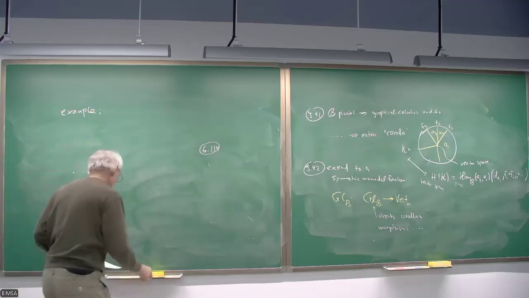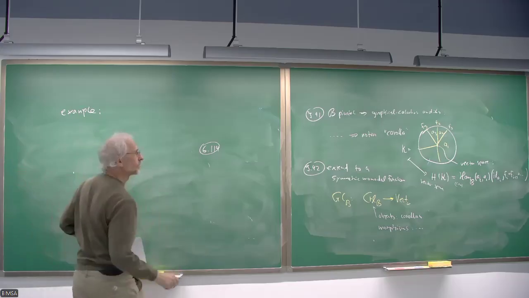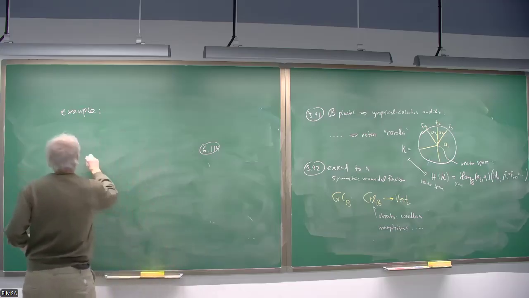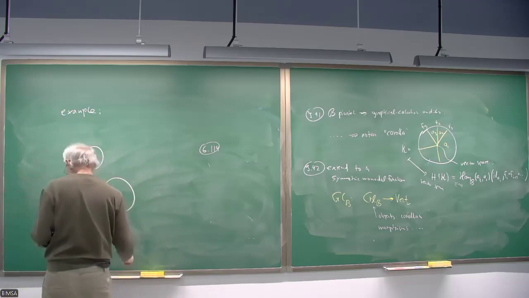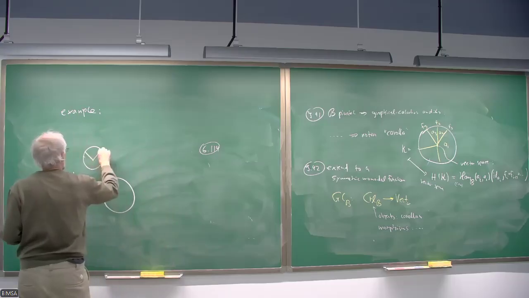Assume you start with, you want to have a morphism from two corollas which look like this.